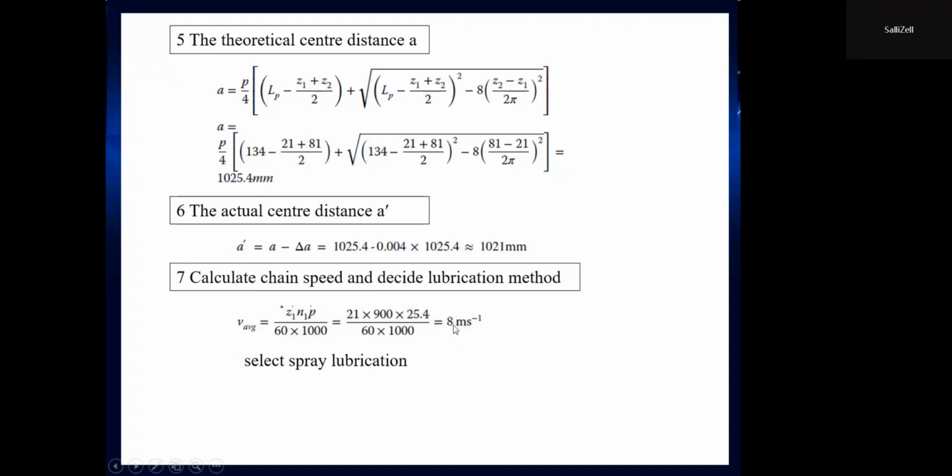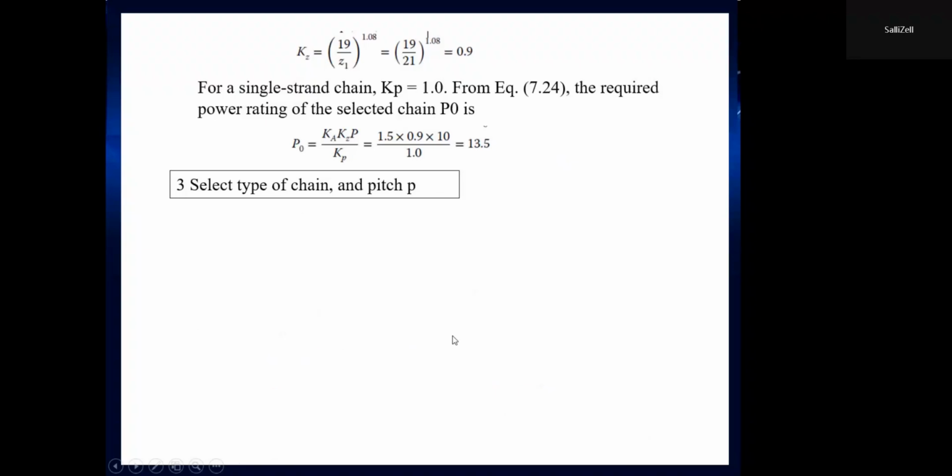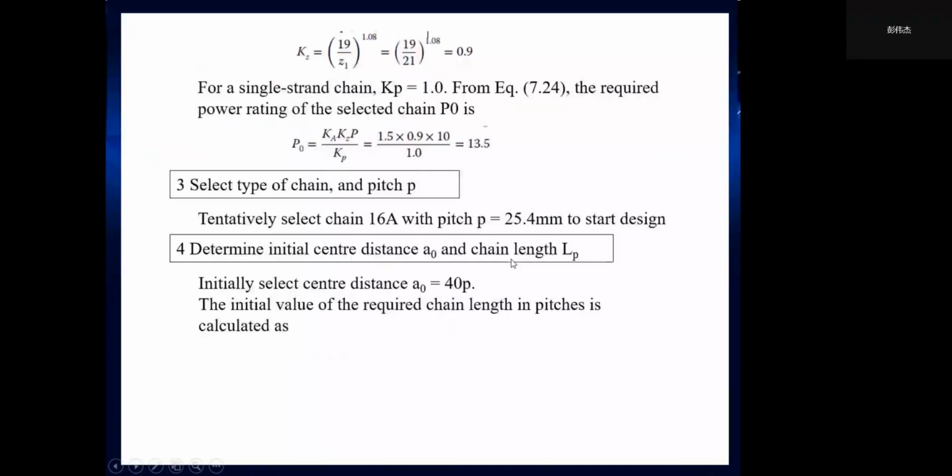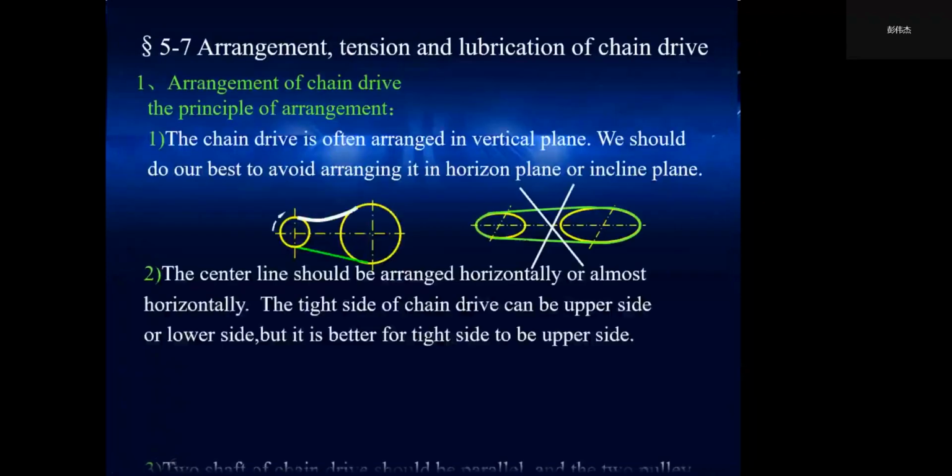Linear speed is 8. Then from the table we use the speed and chain to determine the lubrication mode.